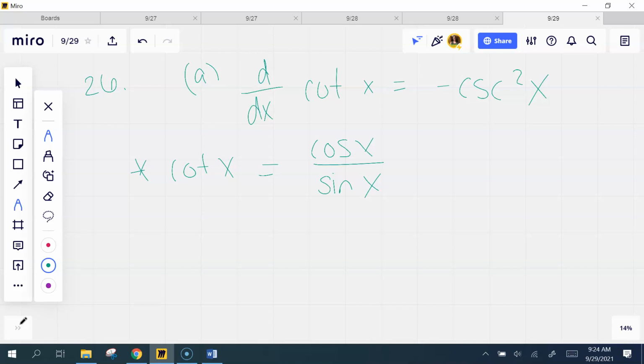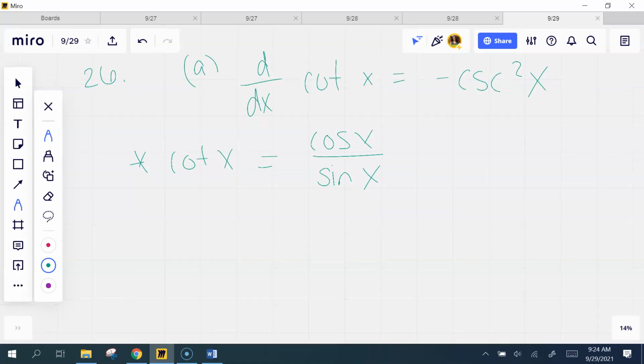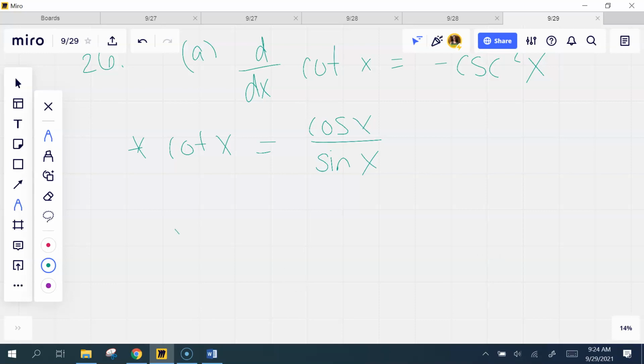Isn't cosecant 1 over sine? Yes. Well, you get negative sine x over cosine x. Then what? You get negative. What do you mean the answer? There is no really the answer.